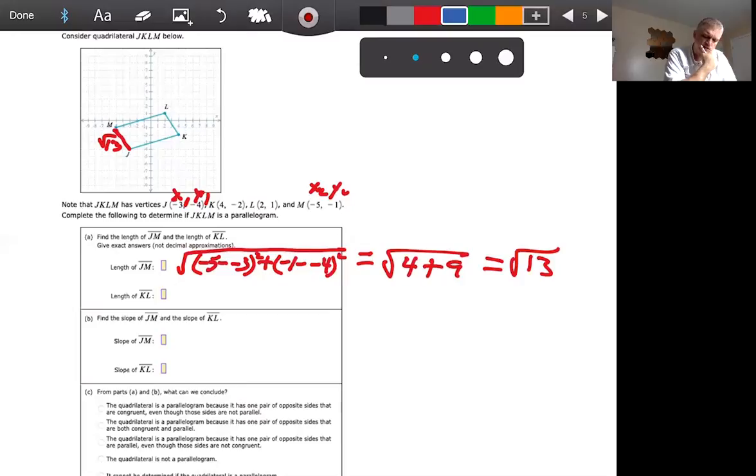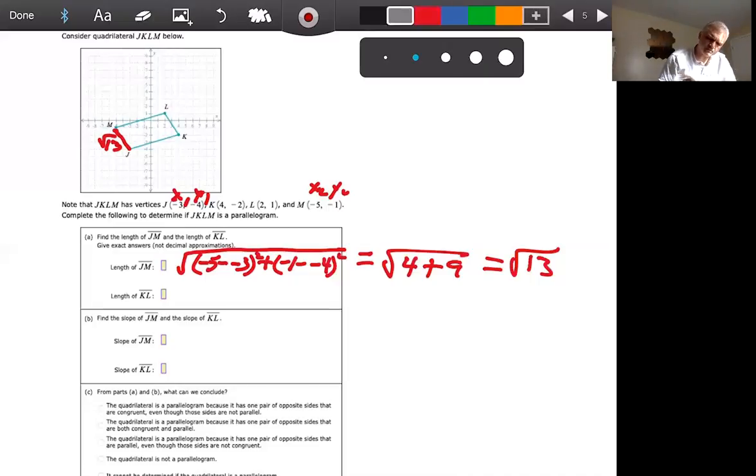Now it says, what is the length of KL? Well, KL is opposite of JM, so it should have the same length, should have the same distance between them, right? If it's a parallelogram. If it's not a parallelogram, they won't be the same. So instead of the distance formula, let's do what we did in the culminating activity from Unit 1. Let's do the Pythagorean Theorem.